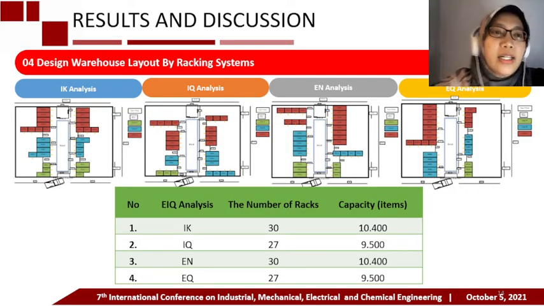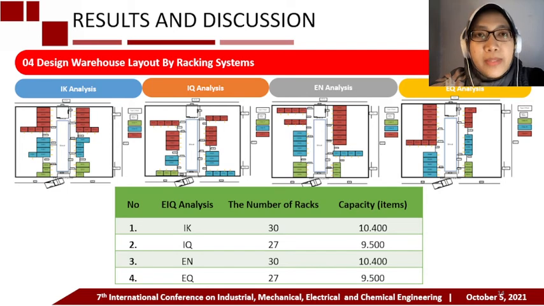And the fourth step is to design the warehouse layout by racking systems. There are layouts based on IK analysis, IQ analysis, EN analysis, and EQ analysis. For these layouts, we can calculate the number of racks and capacity.